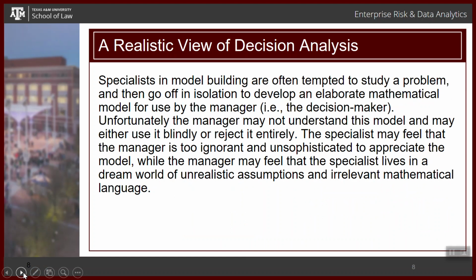So model builders learn a variety of tools, typically in mathematics and statistics, and there's various fields even within mathematics, but we really need to understand this conflict. My slide maker here made some very strong terms about ignorant and unsophisticated, but you see this in the real world. This is just like the model maker is trying to speak one language, and the decision maker is speaking another.